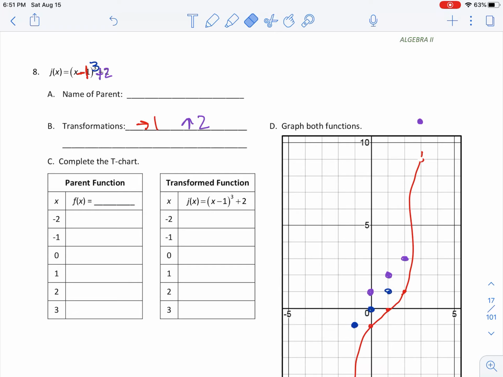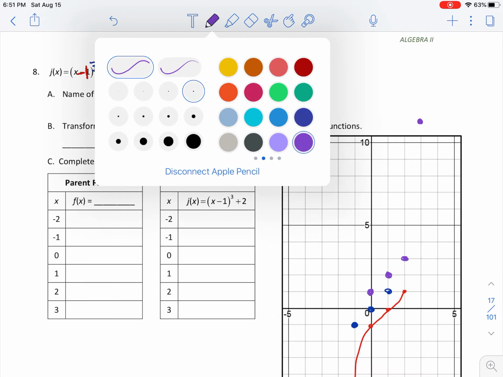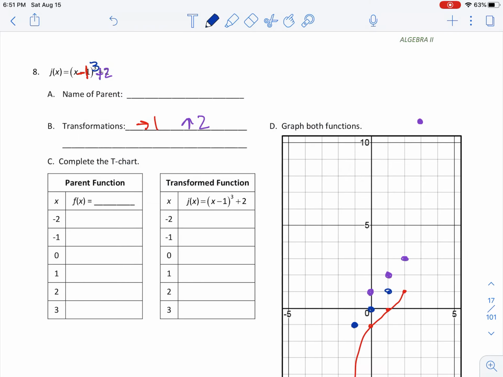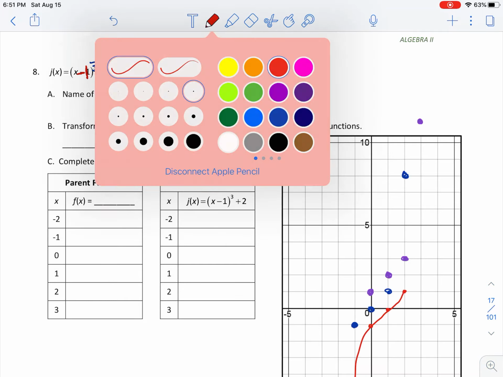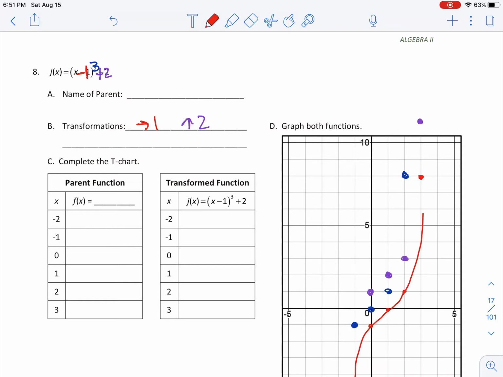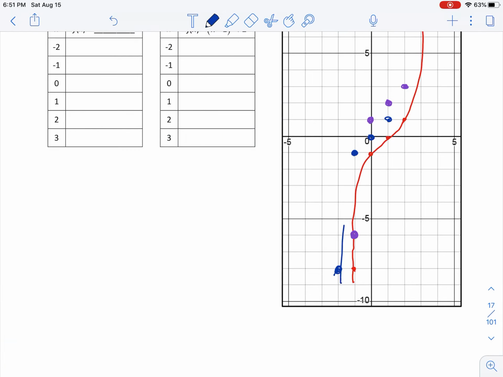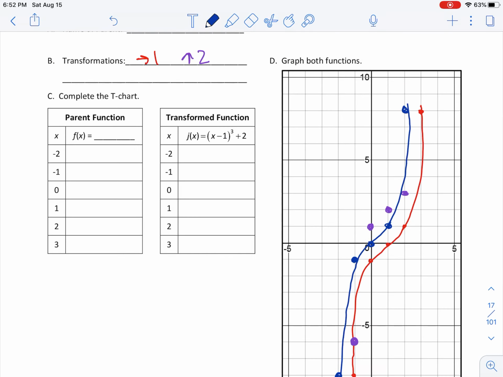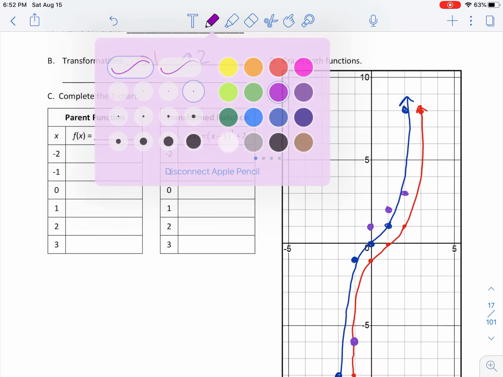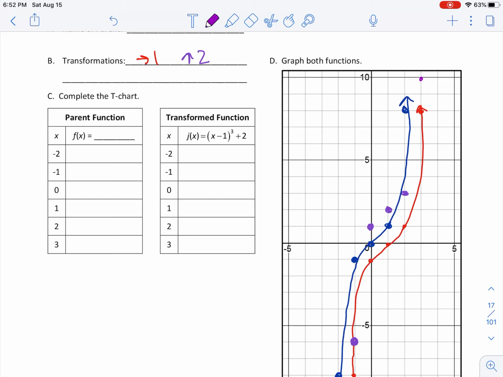I just mismarked mine. At 8. And the purple one puts me at 10.